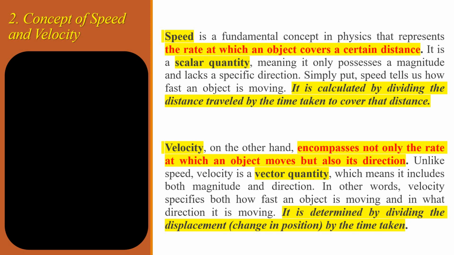Whereas velocity, on the other hand, encompasses not only the rate at which an object moves but also its direction. Unlike speed, velocity is a vector quantity. So we see that speed is a scalar quantity and velocity is a vector quantity. This is the main difference between speed and velocity, which means it includes both magnitude and direction.